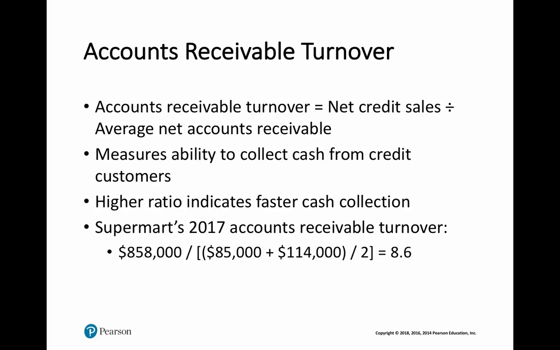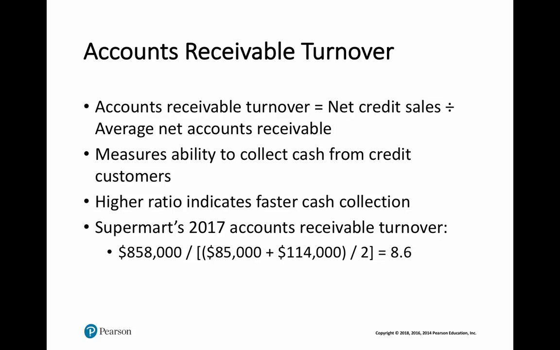So 85,000, which was our accounts receivable in 2016, plus 114, which was our accounts receivable in 2017, divided by 2. So we turn over our accounts receivable 8.6 times a year.